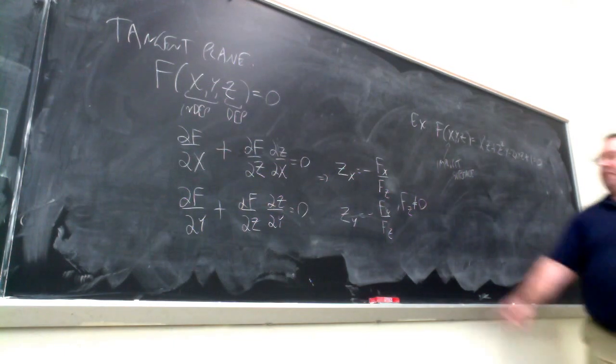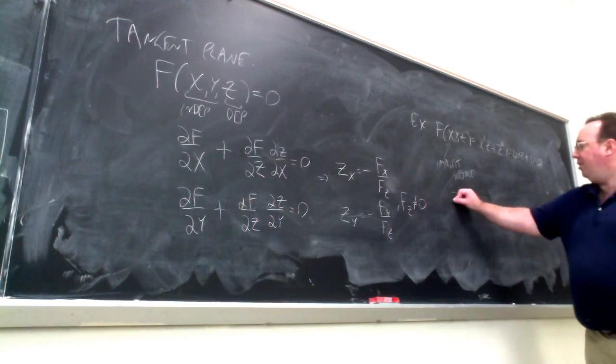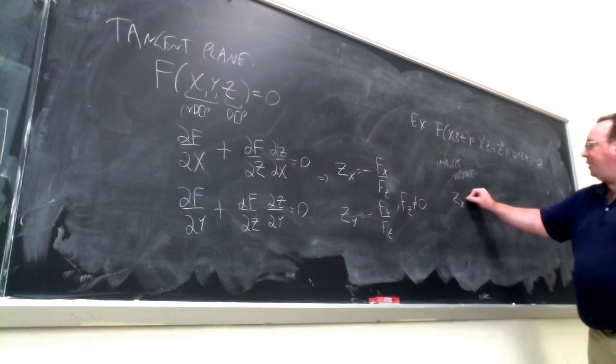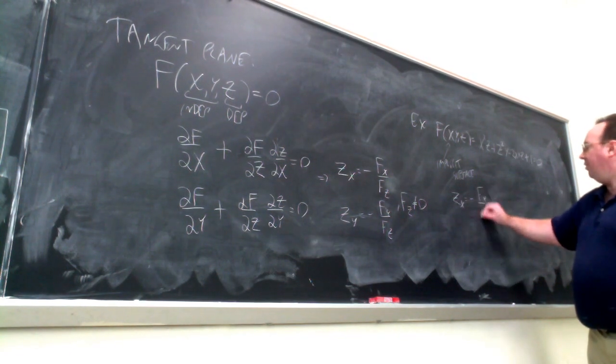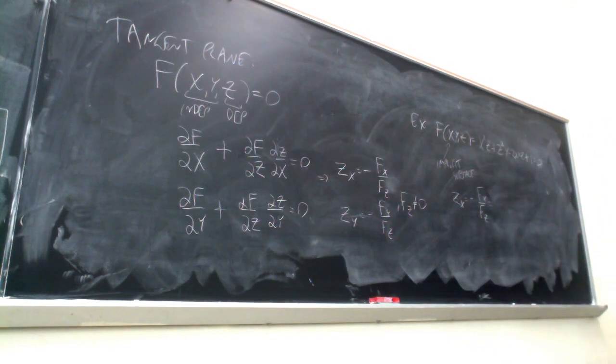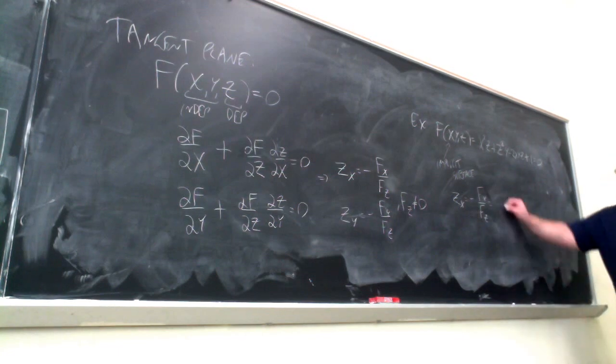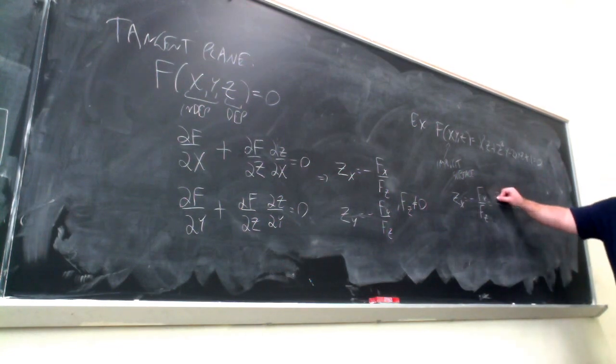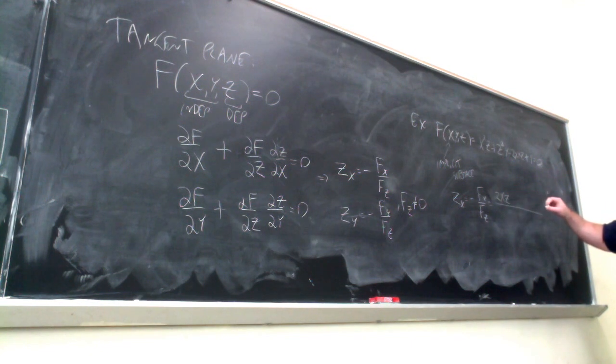So we could go ahead and use these formulas. So partial of z with respect to x is minus f_x over f_z. So what is the partial derivative of this with respect to x? 2xz plus 2yz.